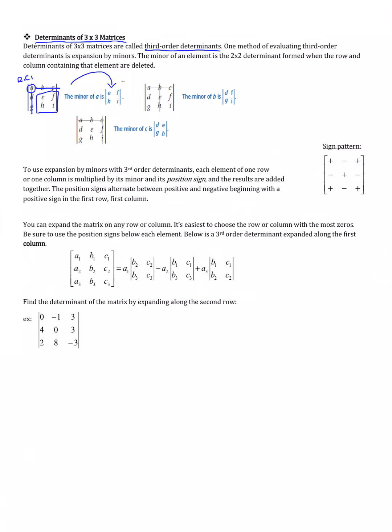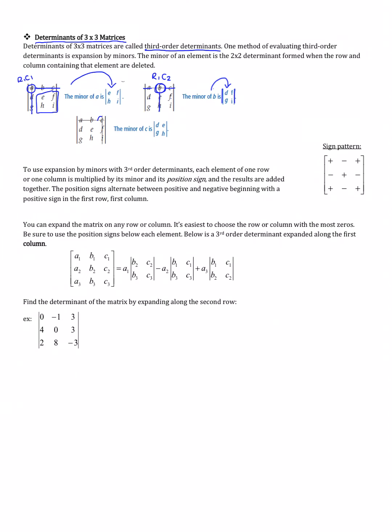That is called the minor of that element A. If I was finding the minor of row 1, column 2, this element B, I would cross out this row, cross out this column, and notice D F is the minor that is associated with B.